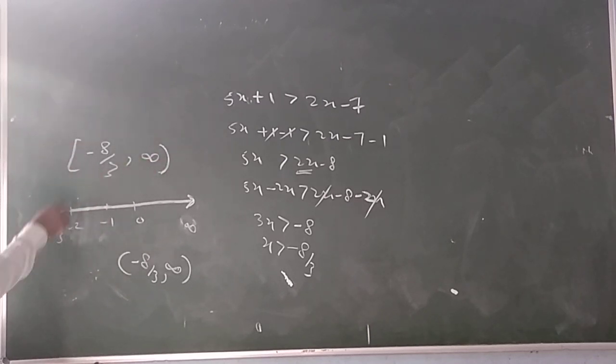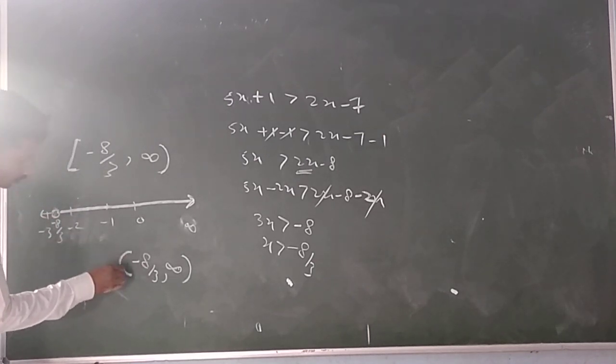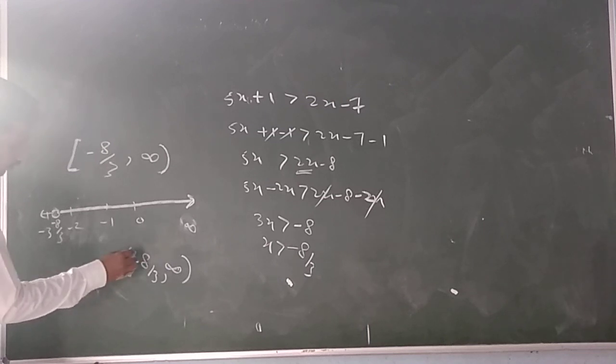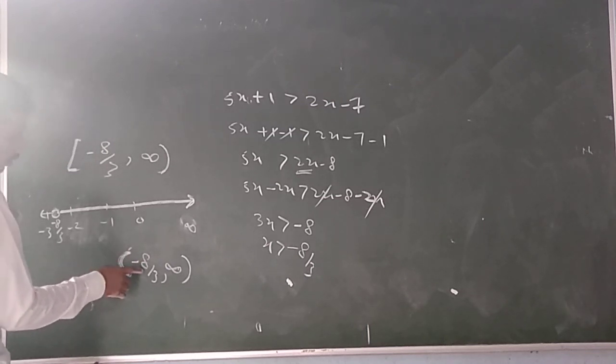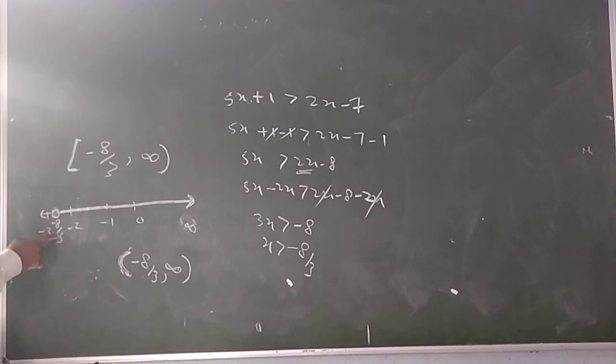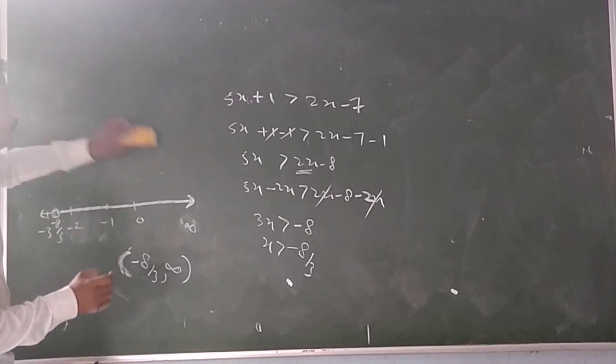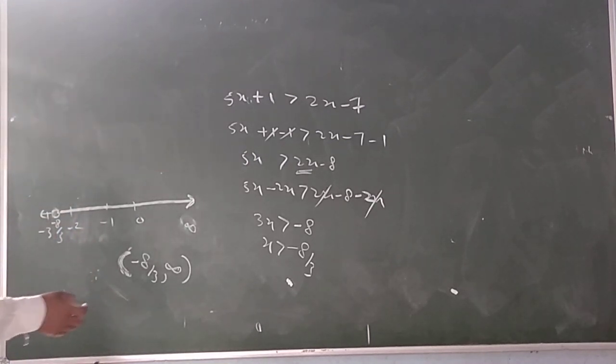If we include a number, we write a square bracket, and if we exclude a number, we write an open bracket. O for open, O for not included. Here minus 8 by 3 is not included, so an open bracket. We write a square bracket if the number written in that bracket is included. Understood?